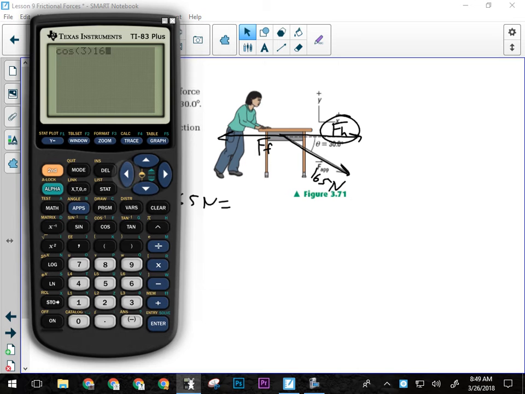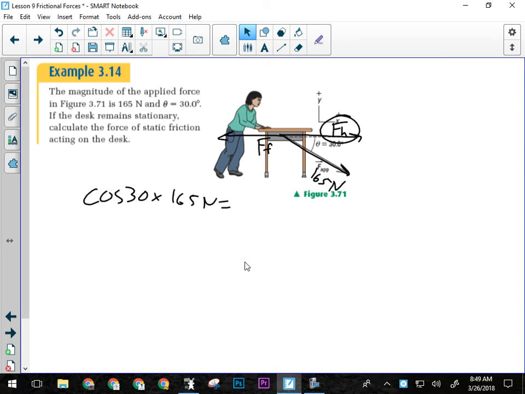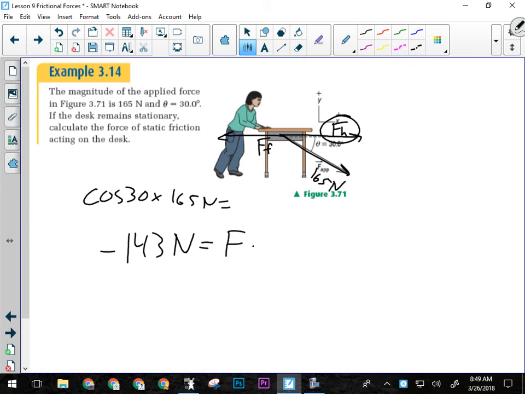Not cos of 3, cos of 30. So we got 143 newtons. We have 3 significant figures there. So 143 newtons is our force of friction, but it'll be negative, because that horizontal component would be positive, forwards. Everybody all right with that?